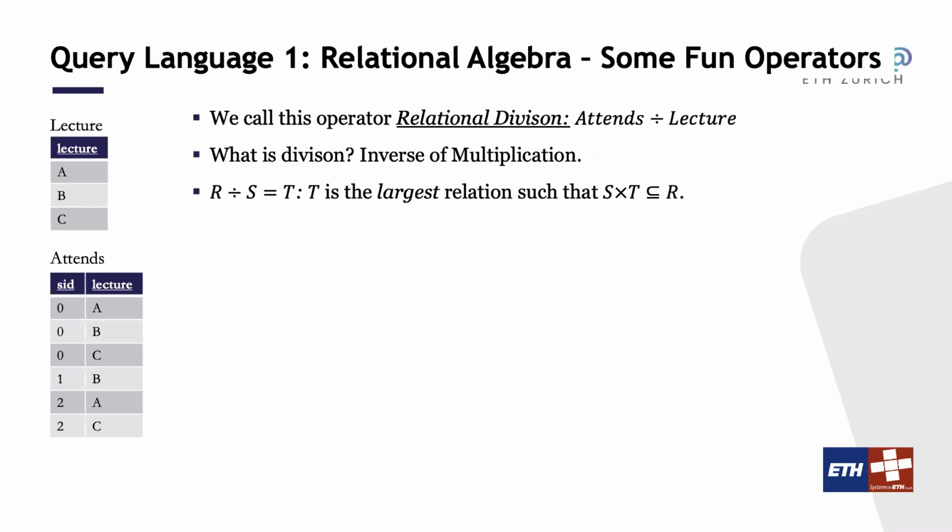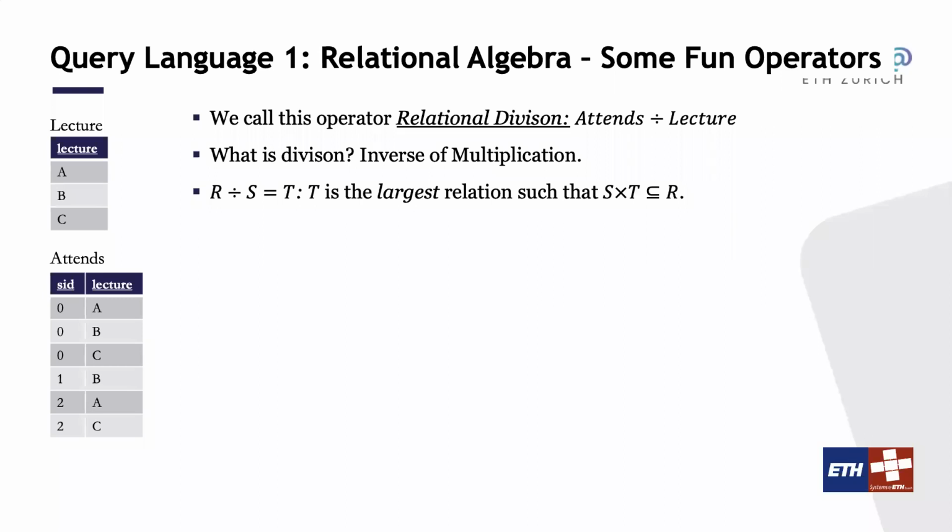So here's the formal semantic. We say T is the result of R divided by S if and only if T is the largest relation such that S cross product T is a subset of R. This is how we define relational division. If you look at it, it makes sense.